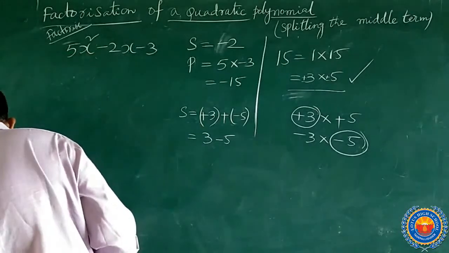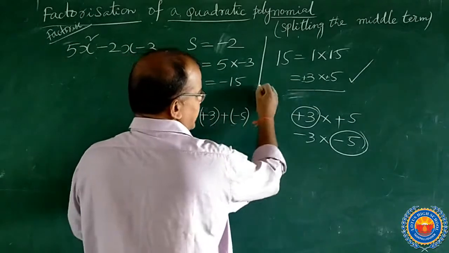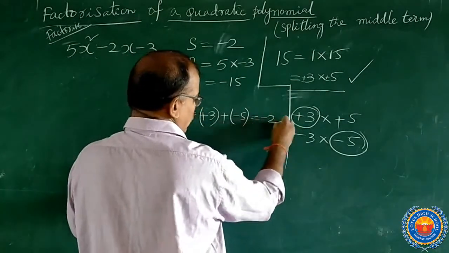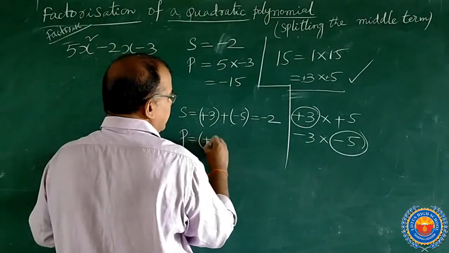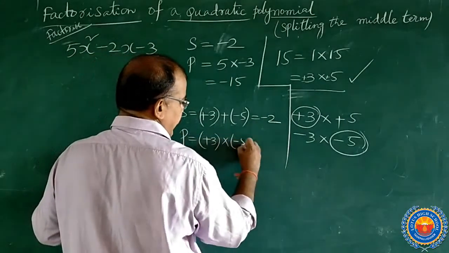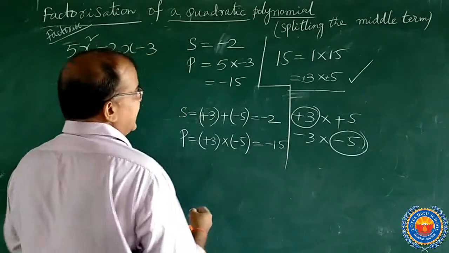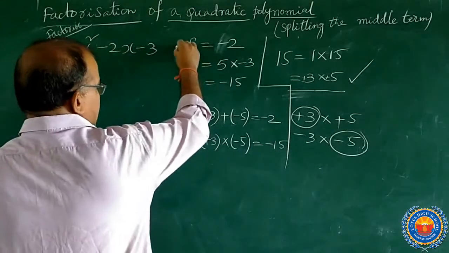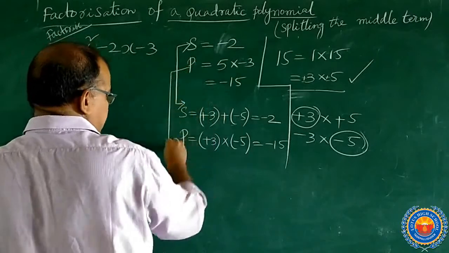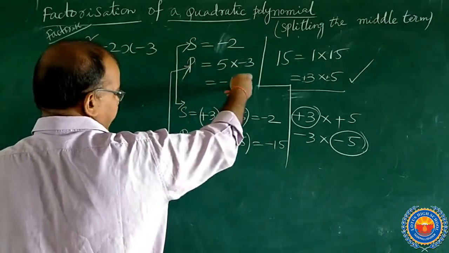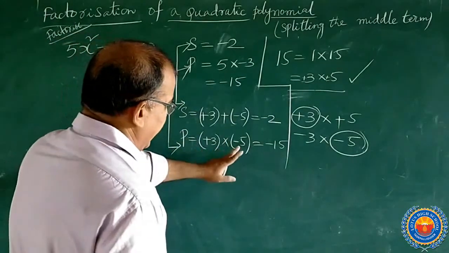If you take multiplication, plus 3 into minus 5 is equal to minus 15. So sum and sum will be matching, minus 2, minus 2. Product and product will be matching, minus 15, minus 15.